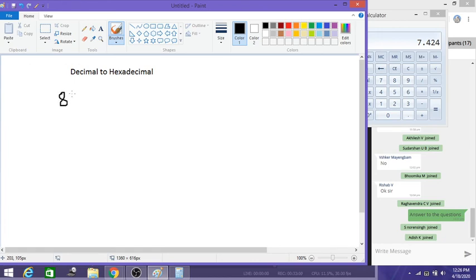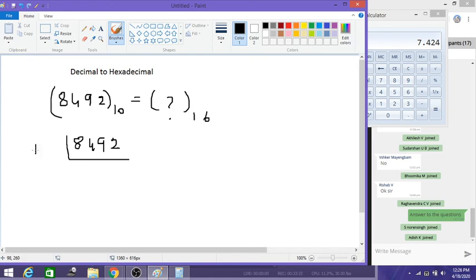8492 to the base 10, we have to convert this to the base 16. So how do we convert this? We'll convert this in the same way, keep on dividing by 16 here. So 8492 divided by 16.